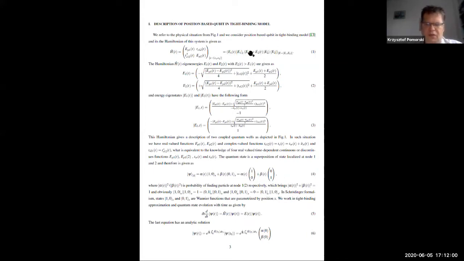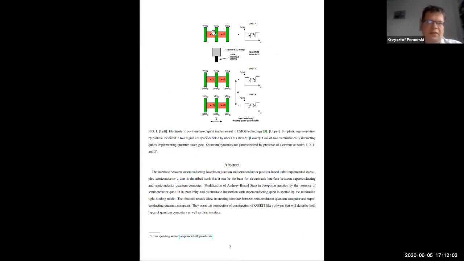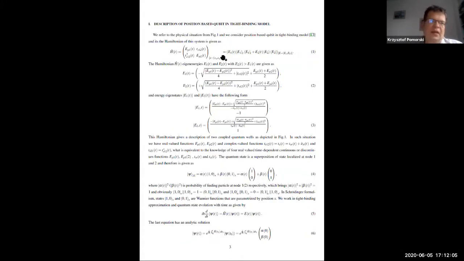This serves for the case of this plot. However, what is characteristic for us is that we will express the quantum state by representation in the tight-binding model.